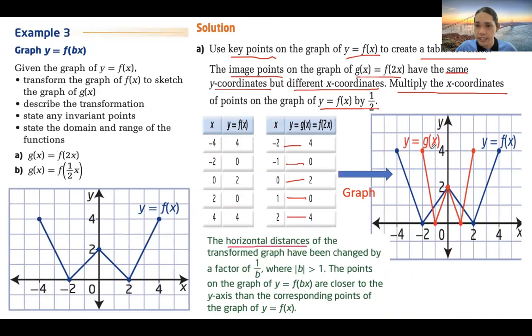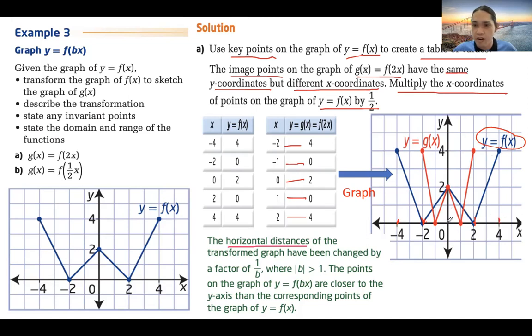Okay, so as you can see, the domain for g of x has the points (-2, 0) and (2, 0). As you can see, for y equals f of x, your domain is from (-4, 0) to (4, 0).